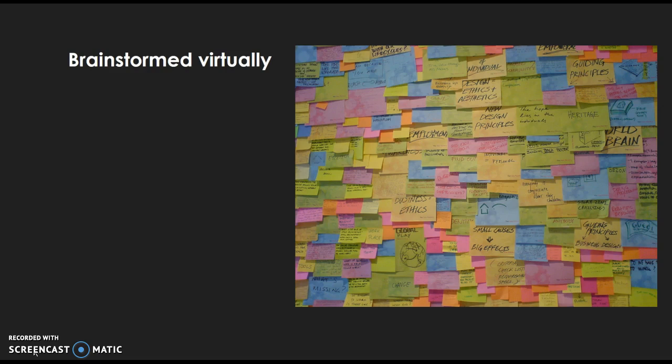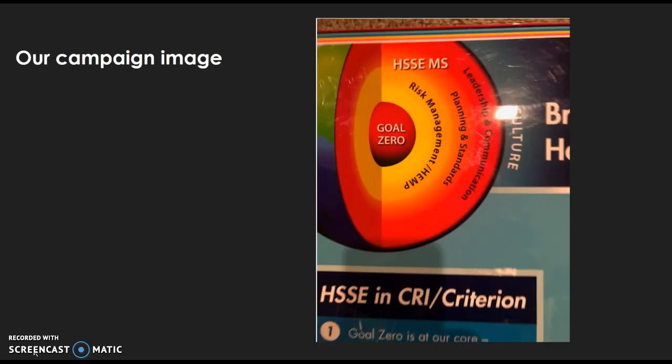Well, we started out by brainstorming virtually on the campaign theme and the campaign image. And this is what we settled on. Goal 0, after you read the article, you'll understand, was the business approach to having 0 safety incidents.